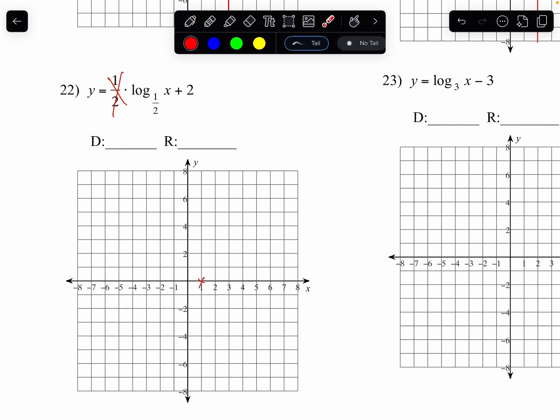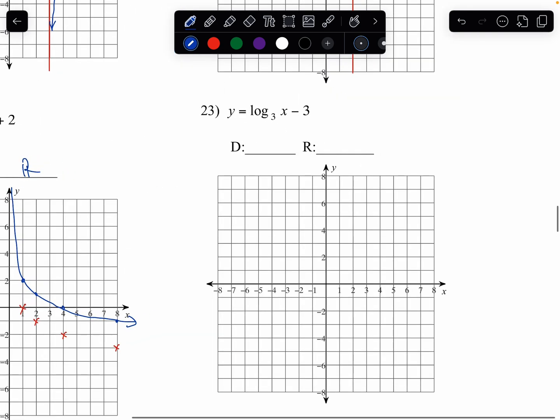So I'm going to start my first point here, and then we're going to double. So double it, and double that. Okay, and all of these points are just going to be moved up 2. So 1, 2, and the vertical asymptote is not changing. And so that means that the domain is x is greater than 0, and the range is all real numbers.